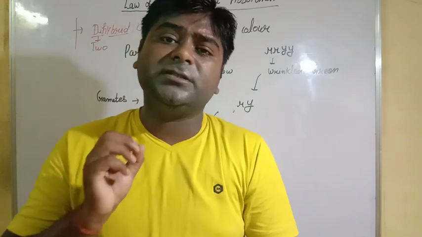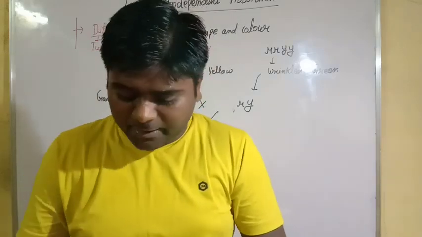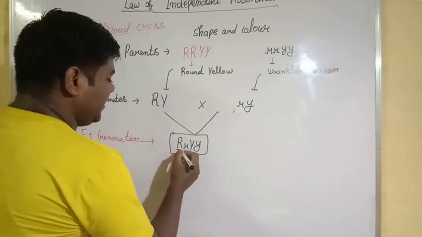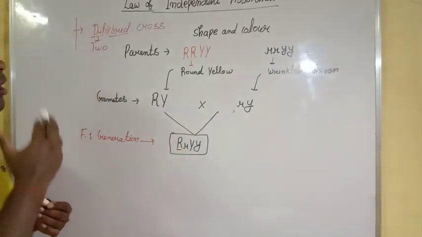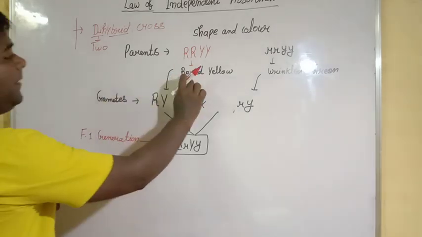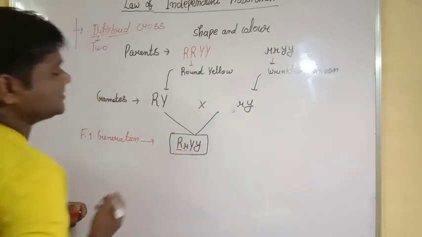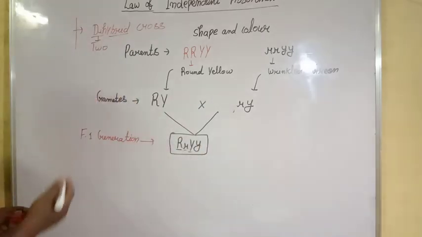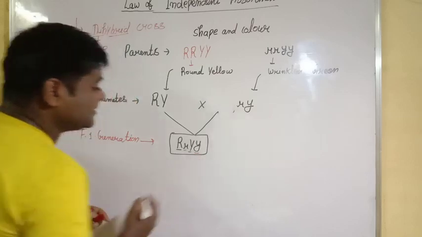My dear students, try to focus here, it is a very important point to understand. See here, the dominant for shape is present along with its recessive, and the dominant for color is present along with its recessive.